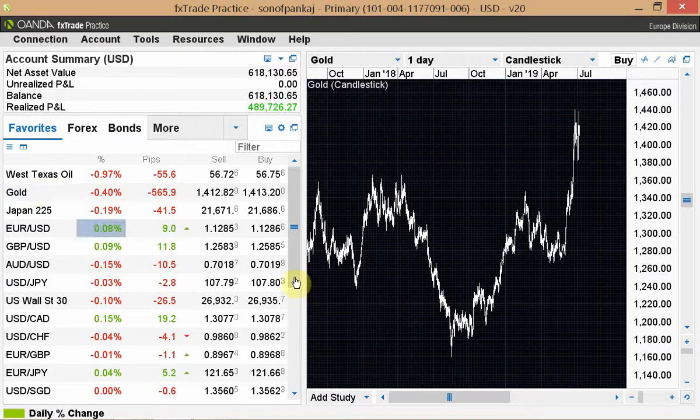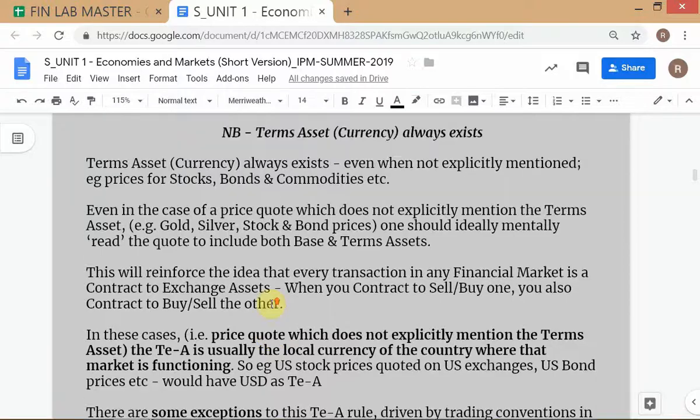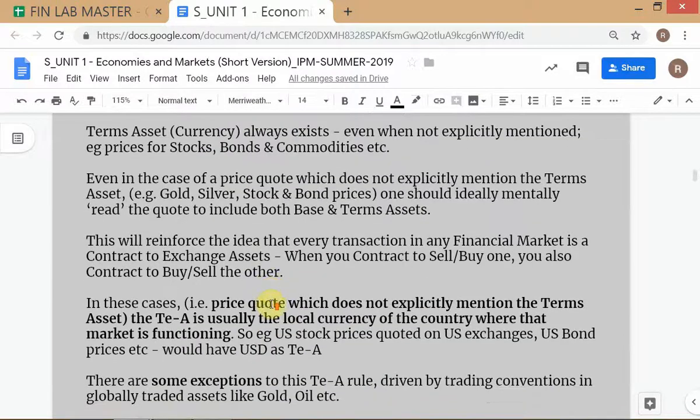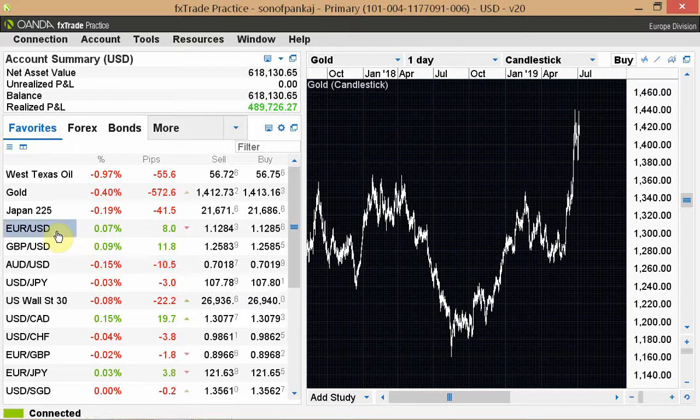So what else was I going to say here? Yeah, okay. As a general point, we know the terms currency always exists. So what is the rule for you to figure out what the terms currency is?